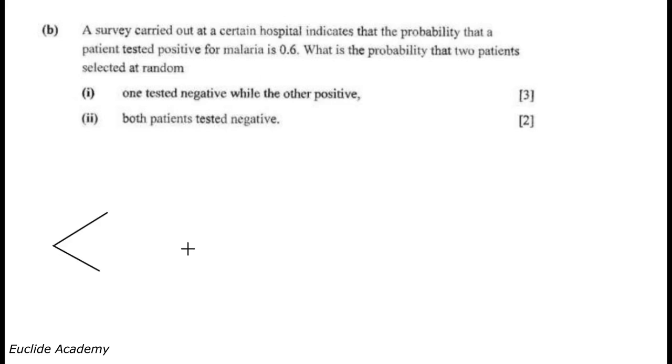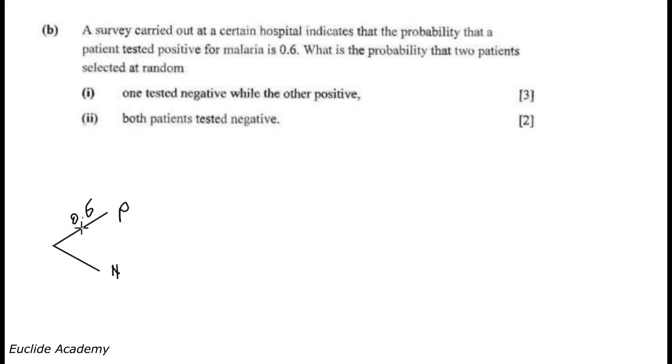Okay, so we're going to draw a tree diagram to help us here. We've got these 2 branches. So this is for a positive test, and let's say this is for a negative test. For a positive test, the probability is 0.6.